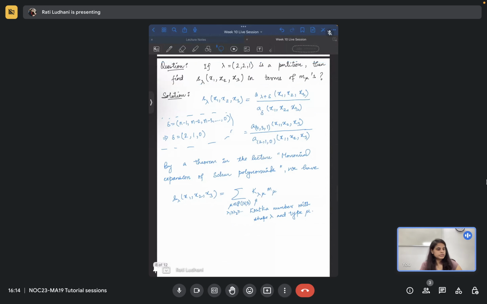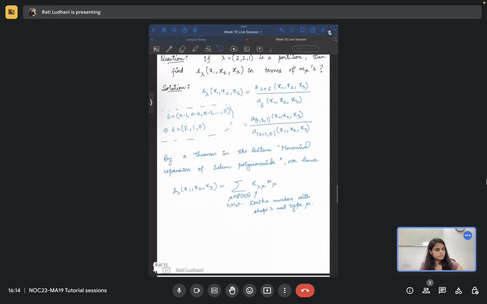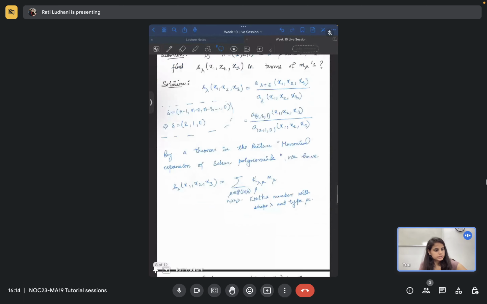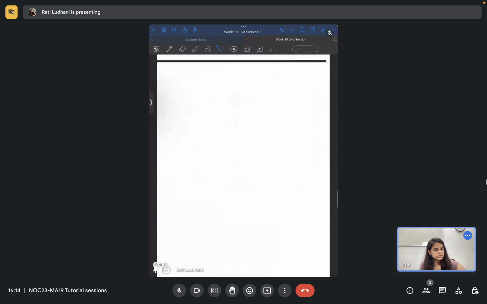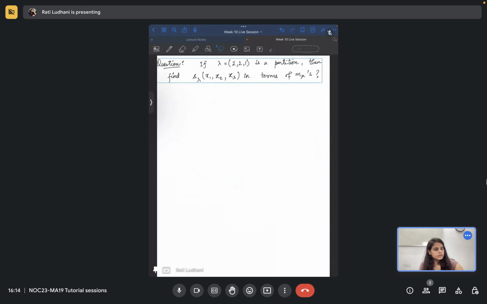So what we are saying here, okay, the question says, for example, if lambda is equal to (2, 1), then this is the partition, then find s lambda (x1, x2, x3).